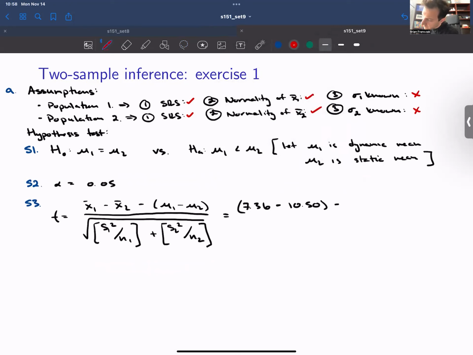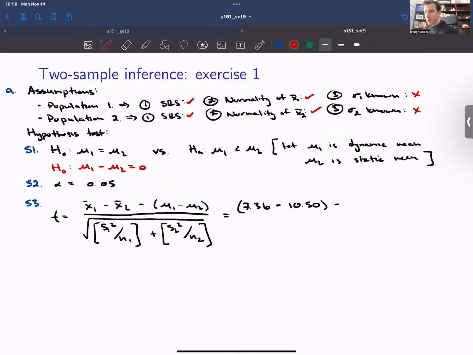Well, let's think about this. We could also write, given that this is an equality, this is the same thing as mu1 minus mu2 equals 0. Okay, so these two hypotheses here are actually the exact same hypothesis. It's just written in a slightly different way.